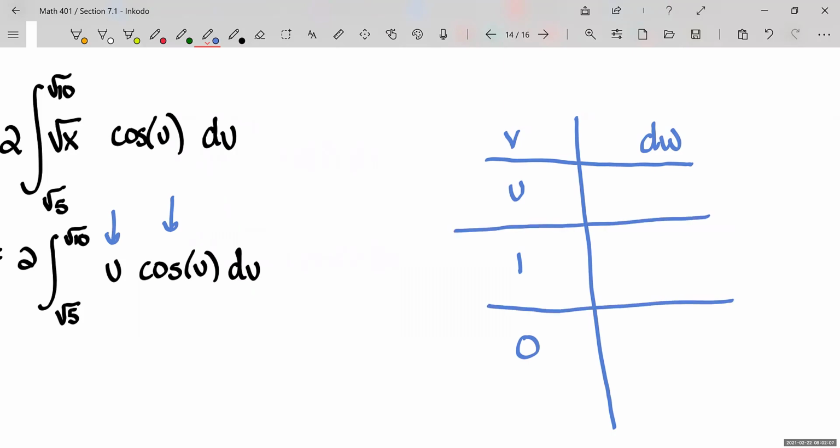Versus the antiderivative, my dw is going to be the cosine of u. Oops, I'll just leave the du off there. It's the cosine of u. And when you take the antiderivative, you get the sine of u, and take the antiderivative of that, and you get the negative cosine of u. And you stop when you reach the same level as 0, basically.